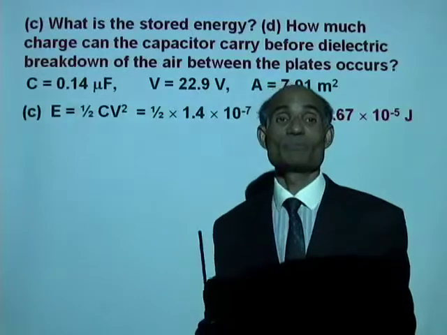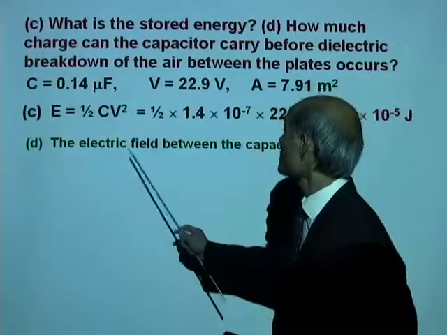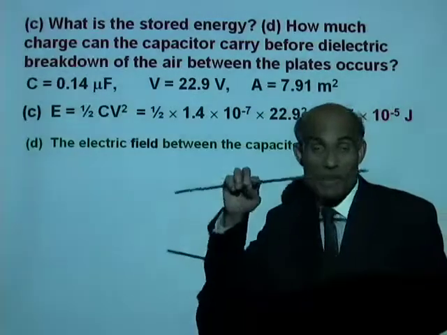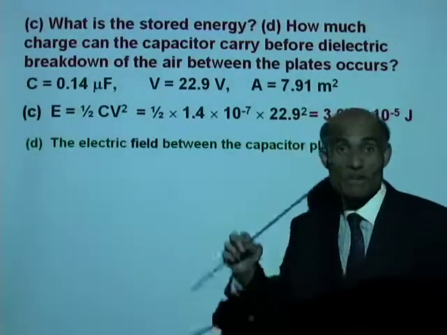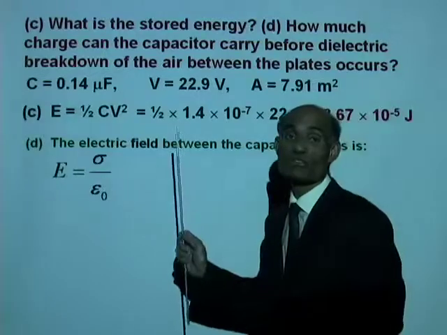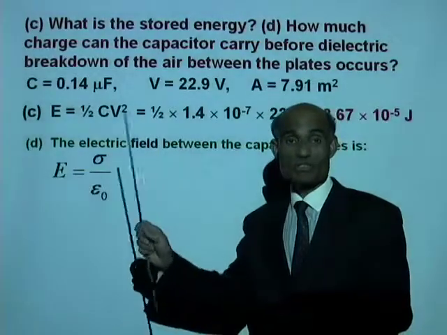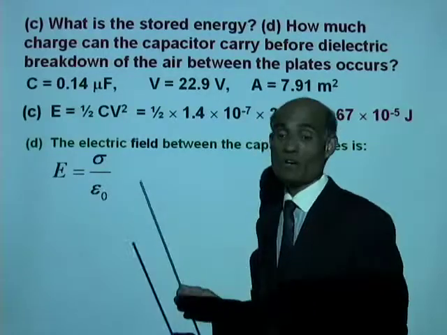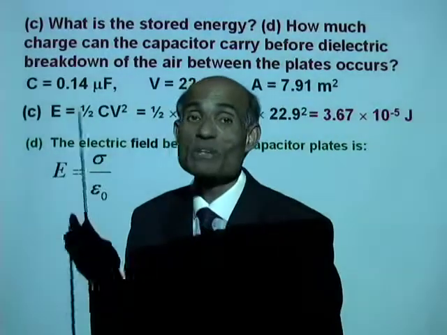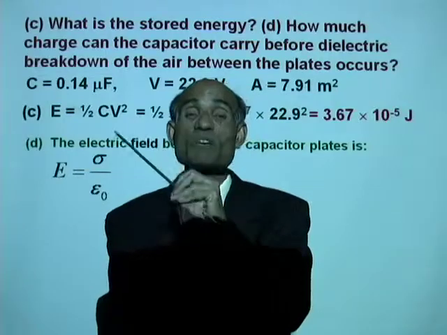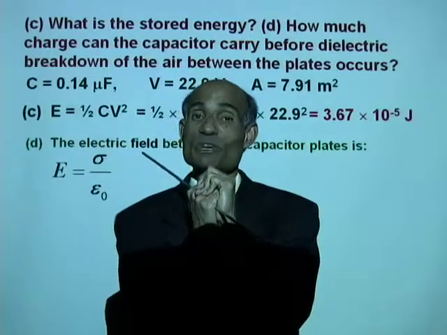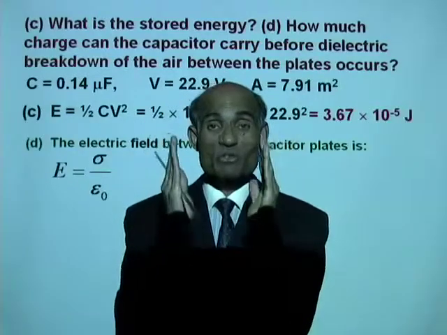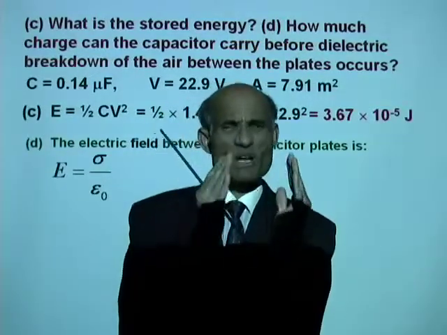The maximum electric field to prevent this phenomenon is 3 times 10 to the 6. Let's find the electric field first. You know that the electric field between the capacitor plates is sigma over epsilon naught. Now you cannot tell me that you don't know that. That is something that we have been using several times.